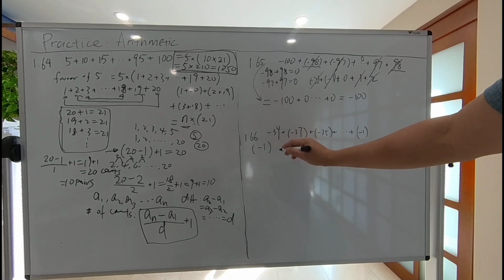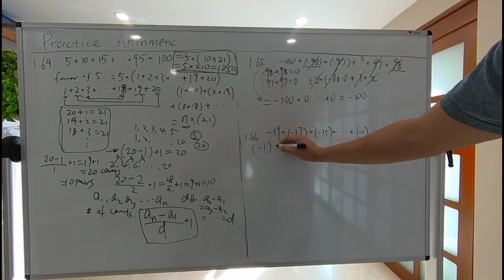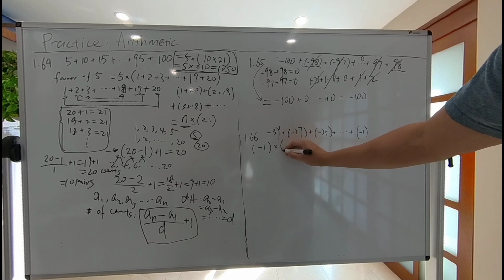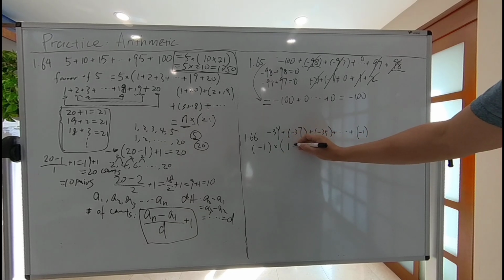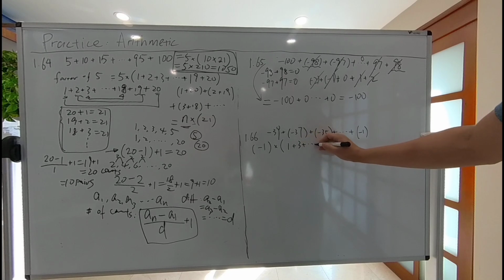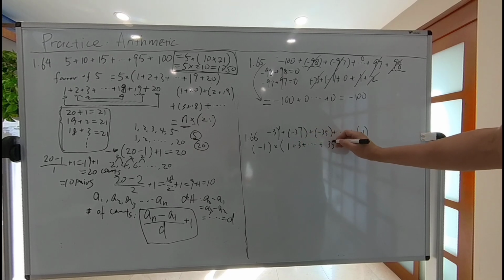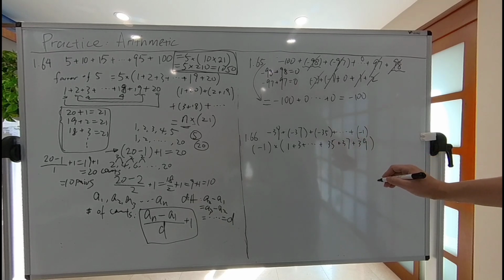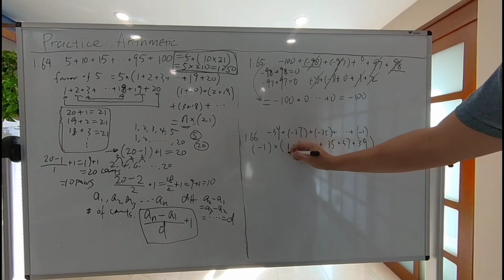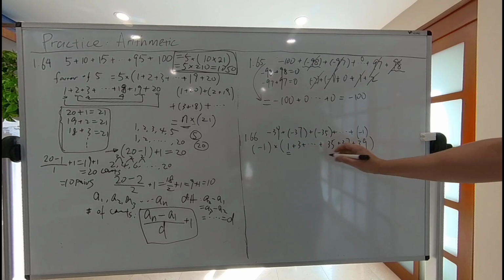Taking out the negative sign is equivalent to taking out a common factor of negative 1, so that your question becomes the summation of all the positive numbers from 1 to 39.